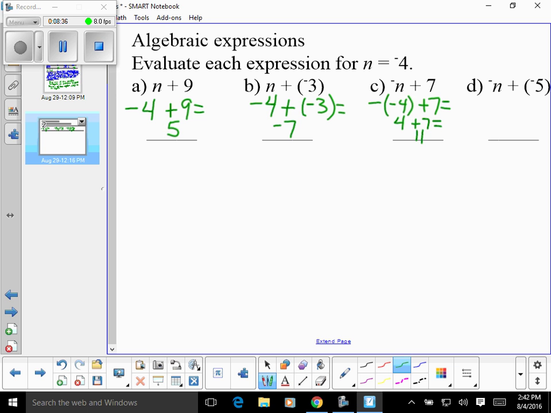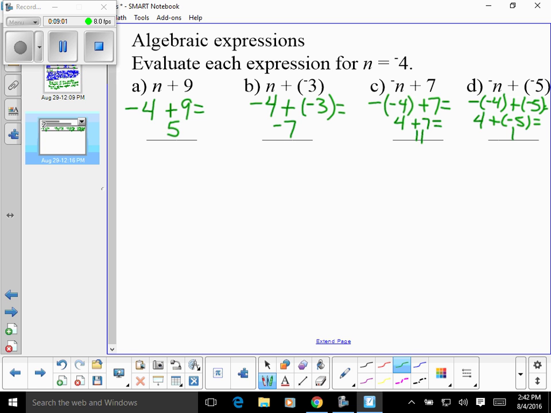D is kind of similar to C. We're going to take the opposite of -4, but this time we're going to add -5. The opposite of -4 is 4 plus the -5. Now, we're back to that different signs rule. 5 minus 4 is 1.